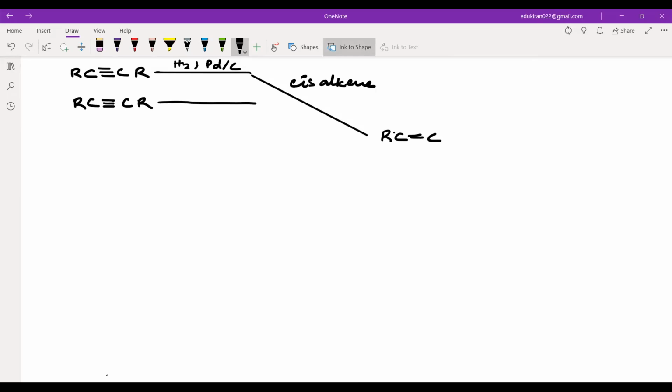And here you may get the same product, but we are using H2 obviously, in the presence of sodium in liquid ammonia. So these are the 2 alkenes, and in this process you will be making trans alkene.